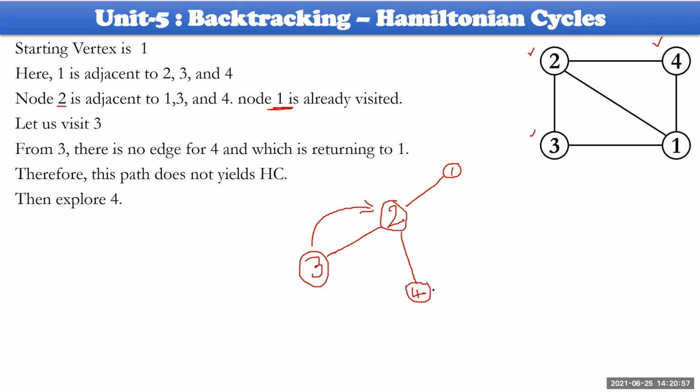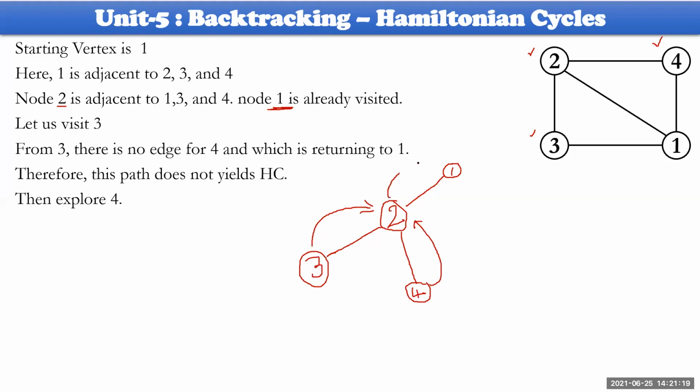So it cannot yield the Hamiltonian cycle. So apply backtracking. This left-hand side, 2 to 3 and 2 to 4, cannot yield a Hamiltonian cycle.